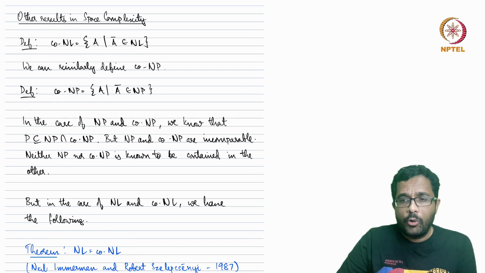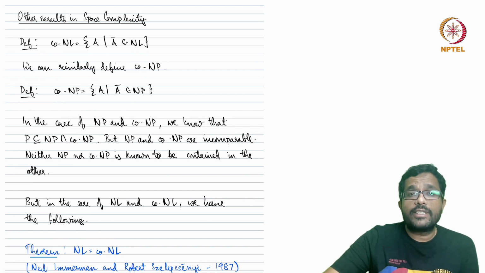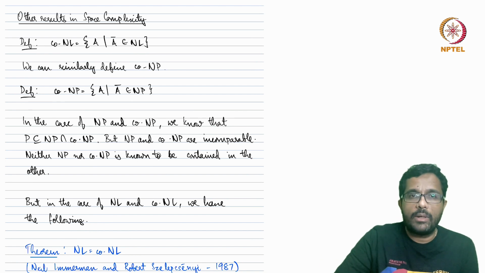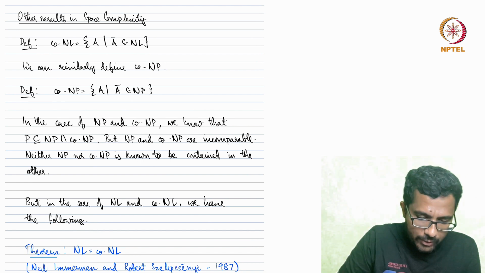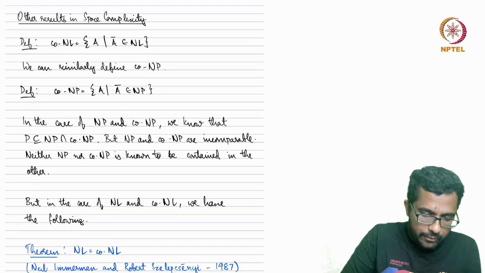A language is said to be co-Turing recognizable if its complement is Turing recognizable. So co stands for complement. It is similar here. A language is said to be in co-NL if its complement is in NL. That is the definition of co-NL.